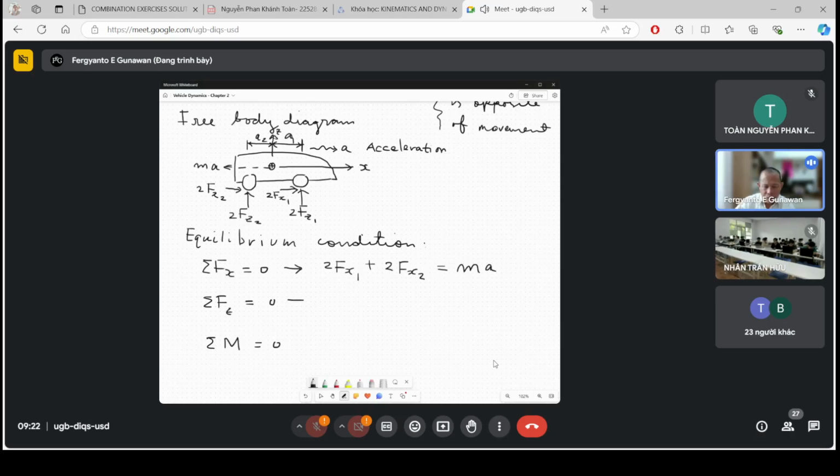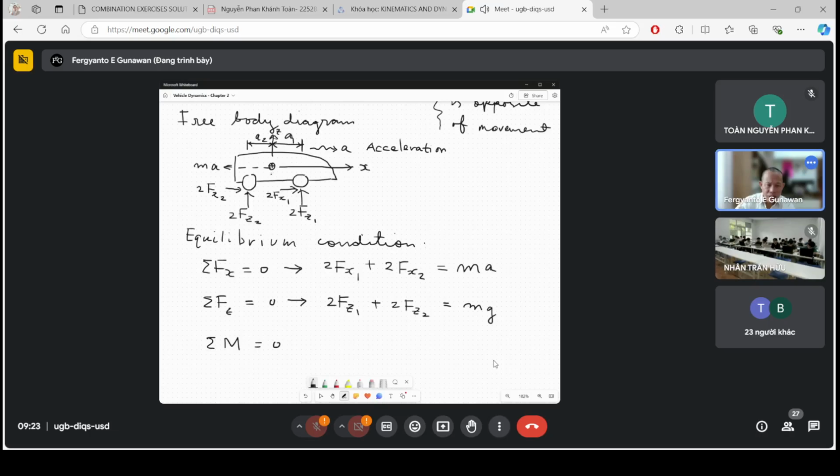And this one also gives us a very simple condition that 2 Fz1 plus 2 Fz2 should be equal to the weight of the vehicle.